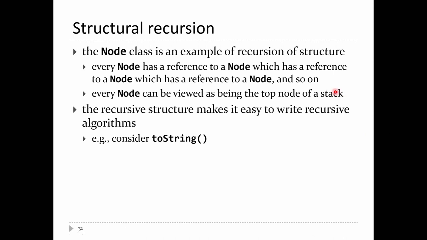Once you get this clear in your head, it becomes very easy to write recursive methods on these types of data structures. Remember, any node is just the top of a stack. So we can rewrite toString so that it becomes recursive.